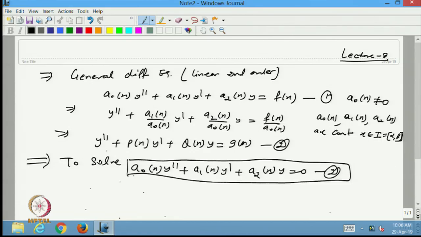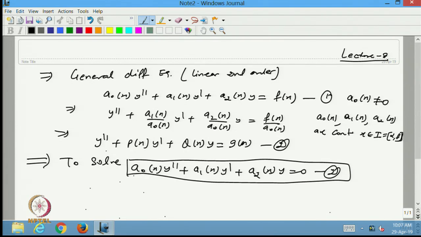And if you see, in the starting we discussed that in this case the differential equation is the solution y multiplied by some function of x, plus the derivative of that function multiplied by another function of x, and the second derivative plus another function of x. So, in this case we are multiplying the solution and all its derivatives with some function of x.